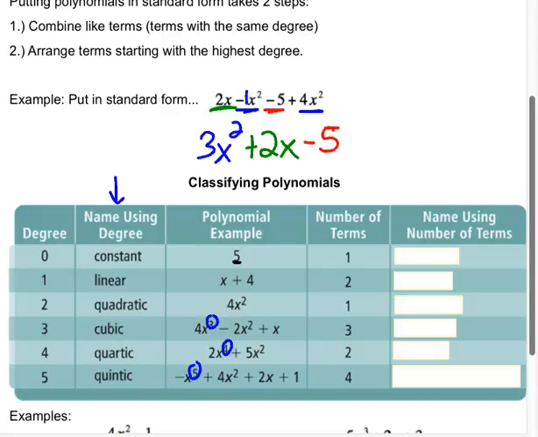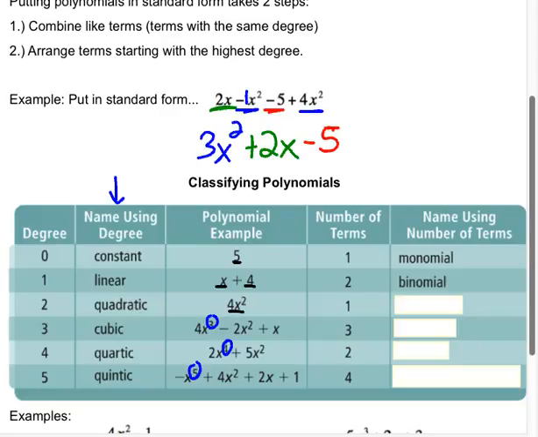Now let's look at number of terms. So the first one only has one term. One term is a monomial. The second one has two terms. So remember, we call that a binomial.